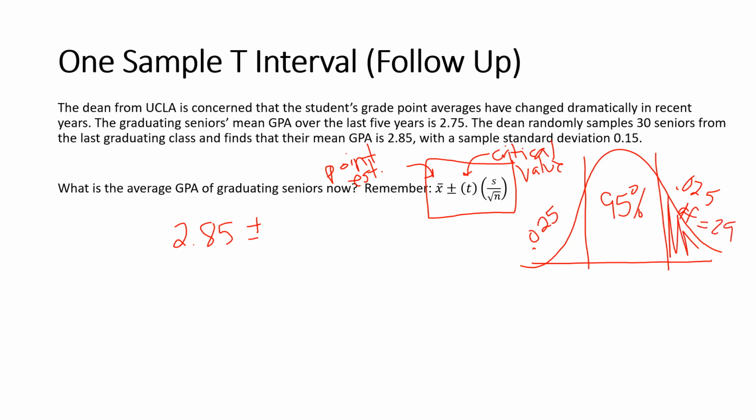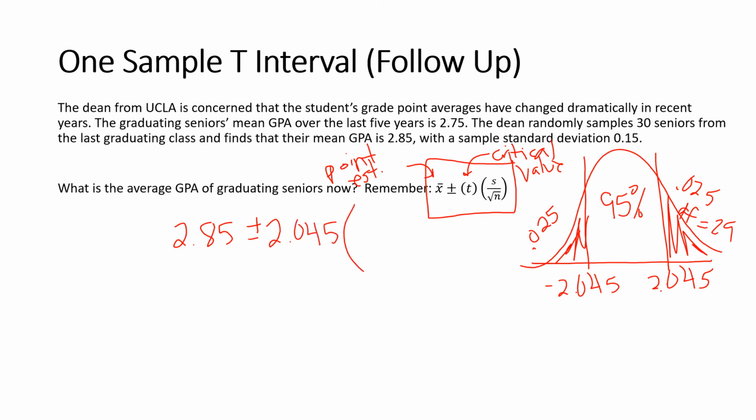So what I'm going to do is go look this value up on my t-table. So I'm going to go to 29 degrees of freedom and 0.025 for the probability. That's 2.045. So obviously negative 2.045 on this side, and positive 2.045 on this side. That's my critical value.